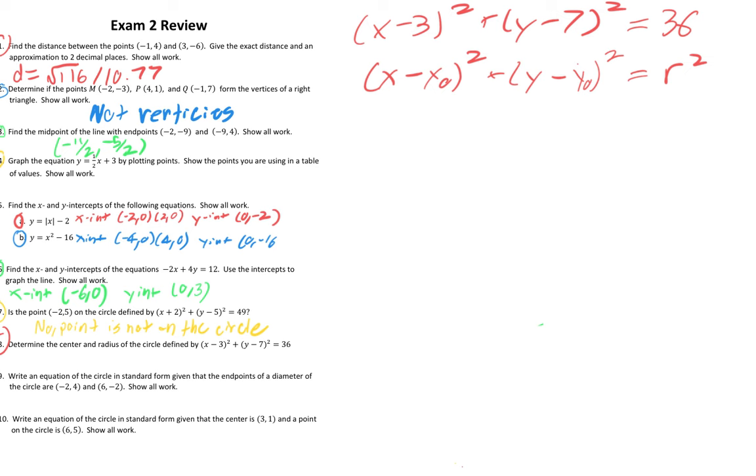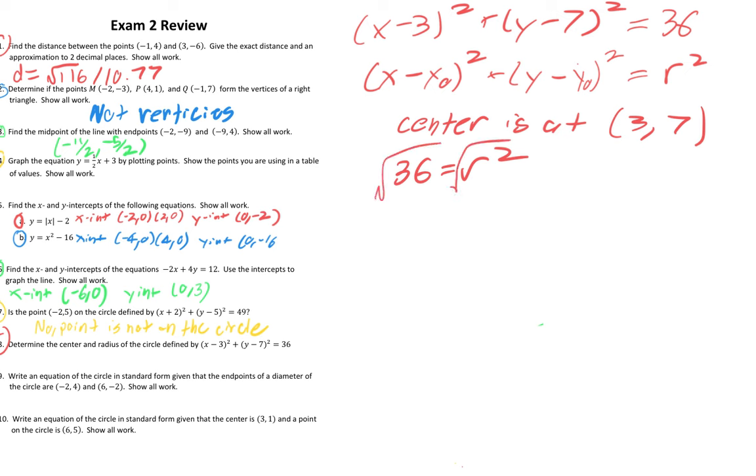So just by looking at it, we can say that our center is at (3, 7) by looking at those two parts of our equation, the x minus 3 and the y minus 7. And looking at our right side, we can see that 36 is equal to r squared. So if we take the square root of both sides, we know that our radius is actually 6.